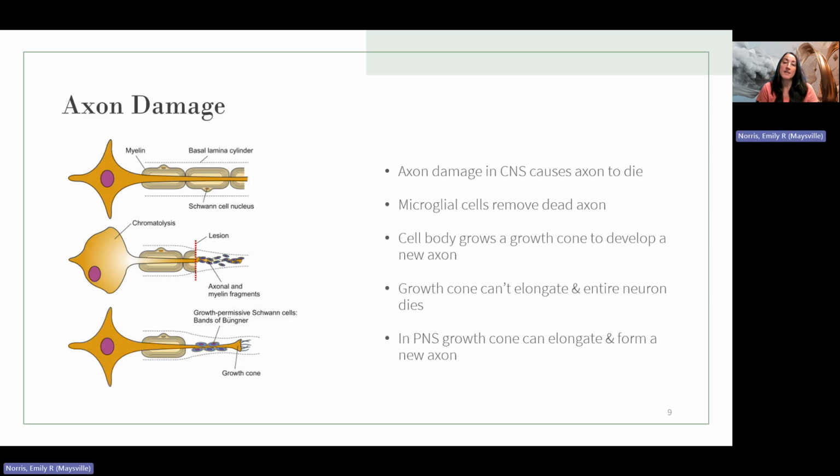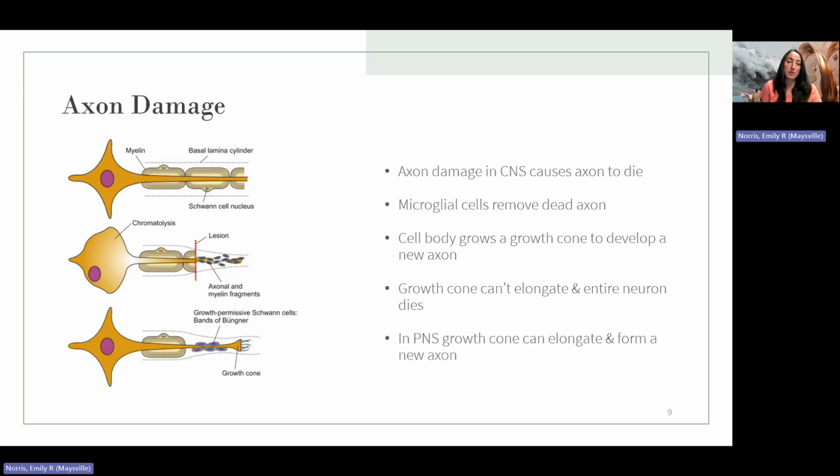Axon damage in the central nervous system causes the axons to die. So remember, when the axons in the central nervous system die, the cell body is able to form a growth cone. That growth cone cannot elongate throughout the brain or spinal cord. And so it just basically starts to repair itself and then dies because it cannot regenerate in the brain or spinal cord.